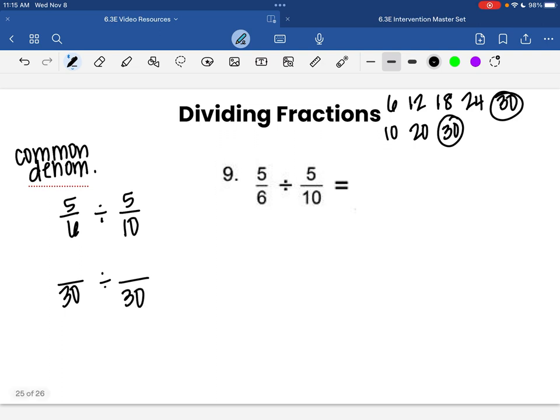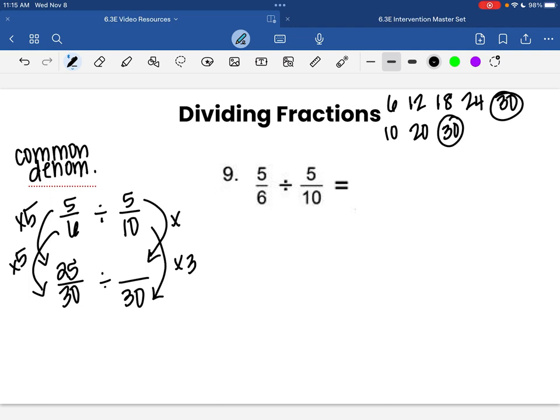So I know it takes me 5 groups of 6 to get to 30. So it will take me 5 groups of 5 to get to my new numerator. And it takes me 3 groups of 10 to get to 30. So it will take me 3 groups of 5 to get to my new numerator.